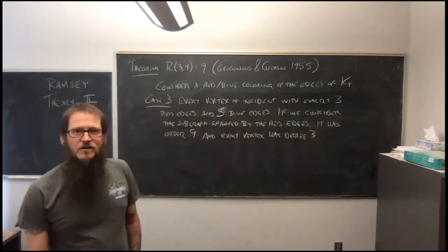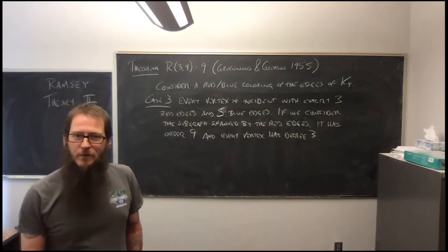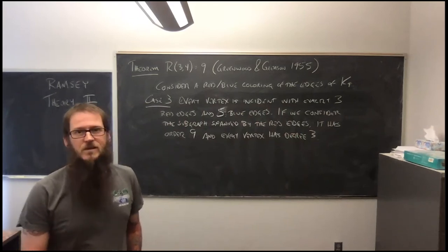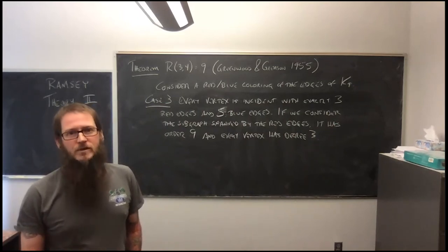So the key to finishing this up is to remember what was probably the very first result that you learned in graph theory. Namely, it's impossible to have a graph that has an odd number of odd degree vertices. Every single graph will always have an even number of odd degree vertices.